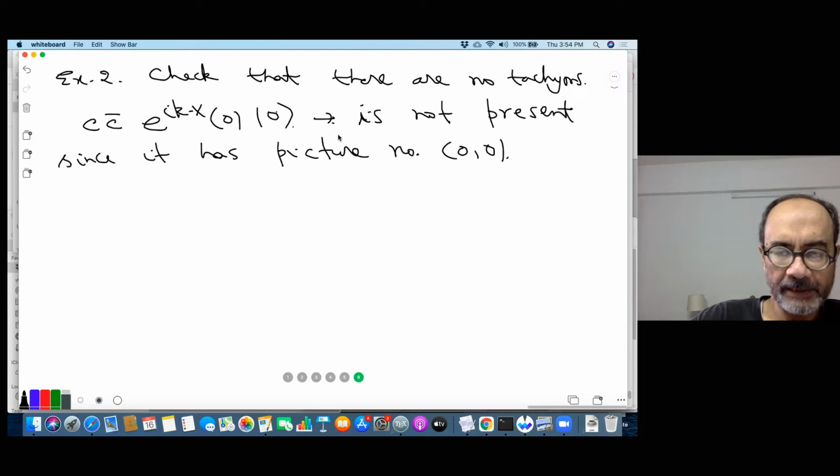So that's why this is not present. But you have to work a little carefully and check, by shifting through all the low-lying states, that none of them are tachyonic.